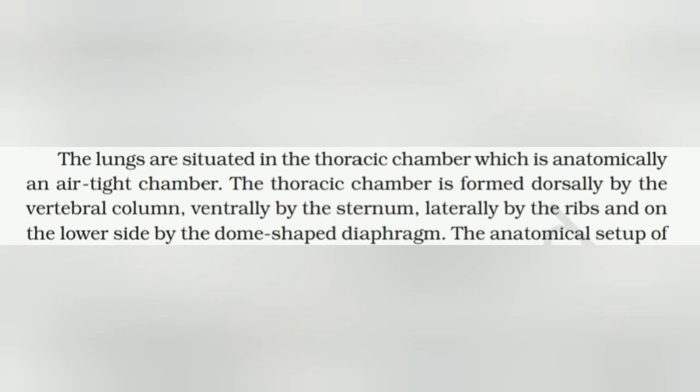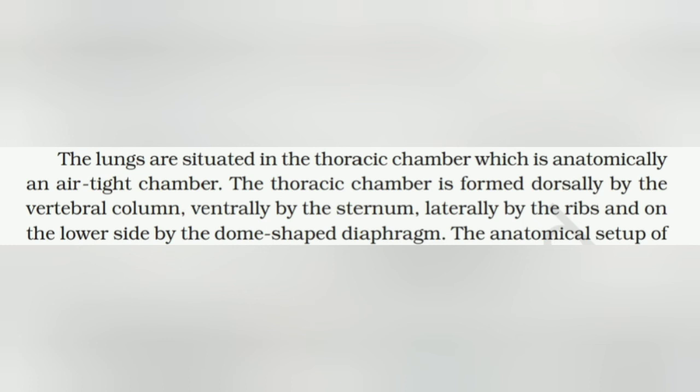The lungs are situated in the thoracic chamber, which is anatomically an airtight chamber. The thoracic chamber is formed dorsally by the vertebral column, ventrally by the sternum, and laterally by the ribs, and on the lower side by a dome-shaped diaphragm.